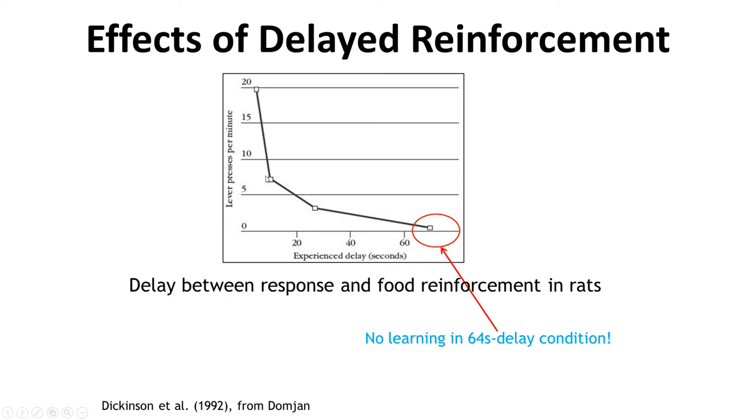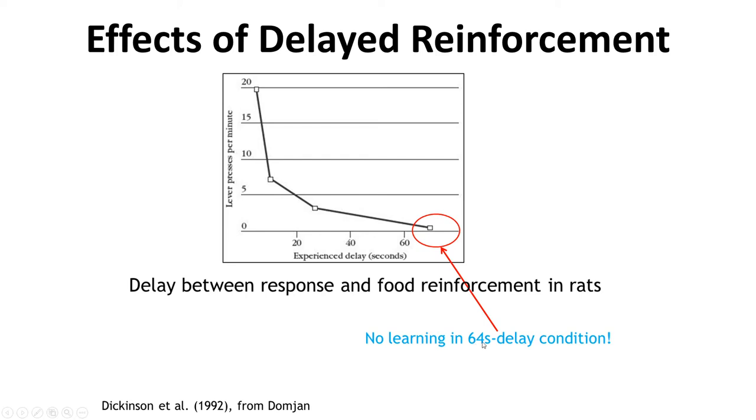However, there's still some lever pressing. There was still some learning, even in the range of, say, 10 to 20 to even 30-second delays. There is still some learning going on there because they're still pressing the lever more than not at all. However, once we get out past a 60-second delay, there are really low rates of responding, and after 64 seconds, they pretty much saw 0 responding in all of their rats.